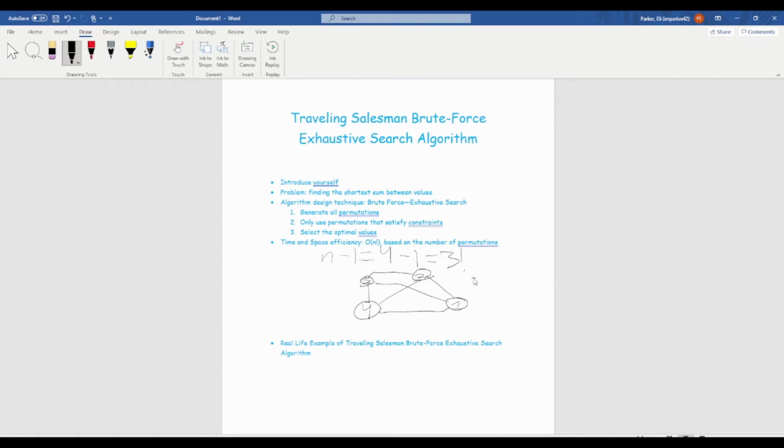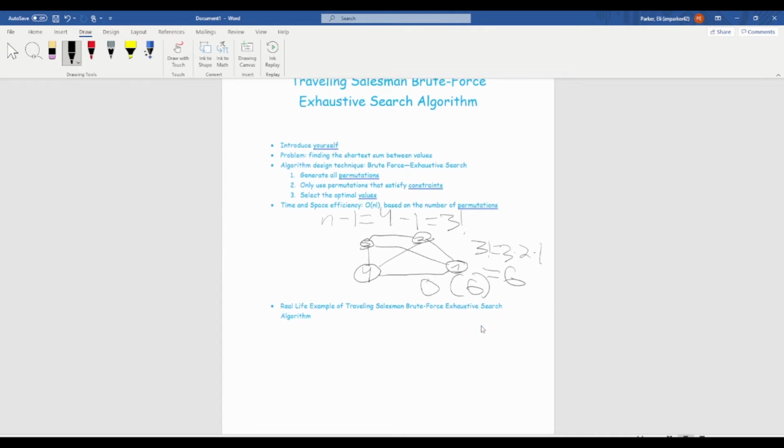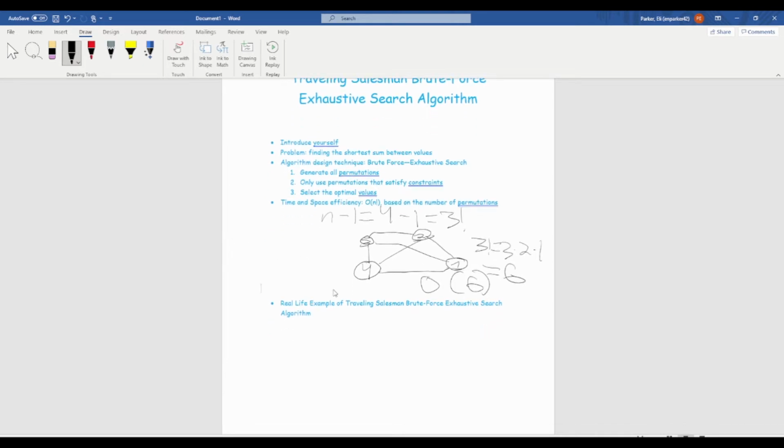That's 3 times 2 times 1, which is 6. So your time and space efficiency here would be O of n factorial, which is 6.